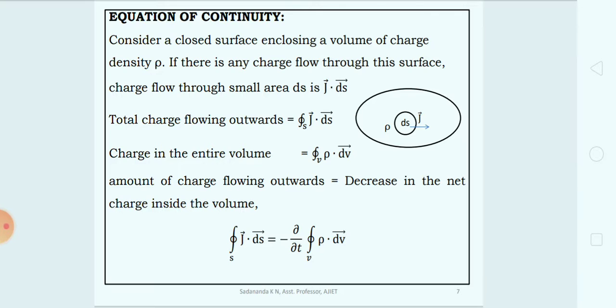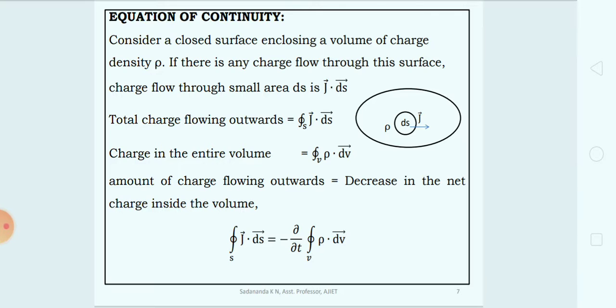So once you have the charge flow through the small elemental area, which is j dot ds, you can evaluate the total charge flowing outward from that surface by integrating over the entire surface, vector j dot vector ds. So that will give the information about the total charge flowing outward from the surface.